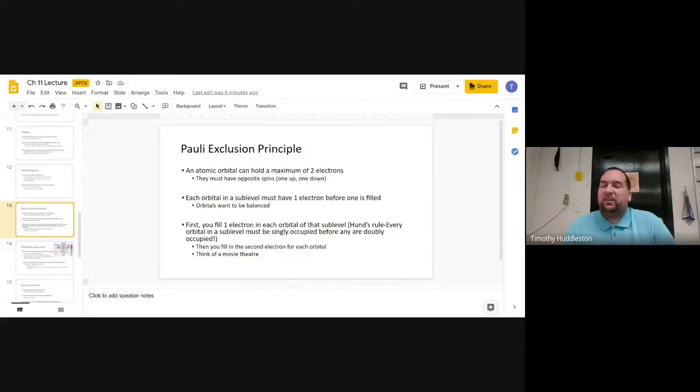Notice that he or she sits right next to you. How weird is that? So the way you need to think about that is everything wants to be spaced out as much as possible before you get pushed up next to each other. That's the way you think about electrons.